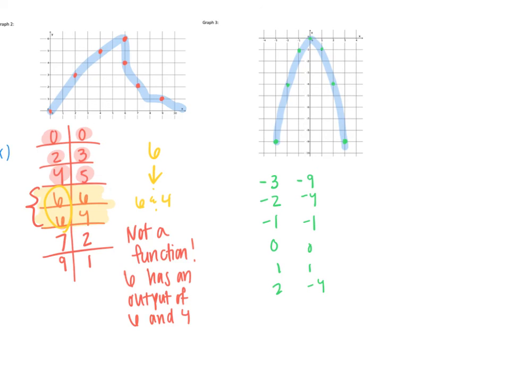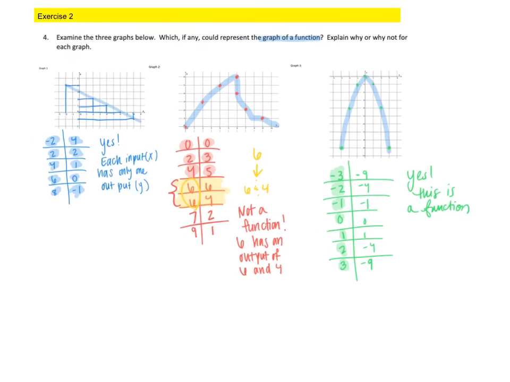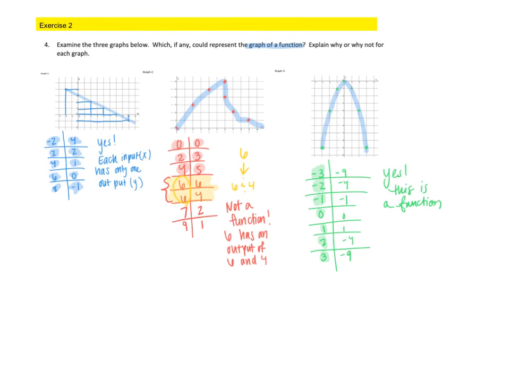And over 3, -9. Now instead of going through each and every single row here, I'm just going to look and see, are any of my x values repeated? -3, -2, -1, 0, 1, 2, 3. Nope, none of those are repeated, so yes, this is a function. Okay, let me know if you have any questions before we move into our exit ticket for today.